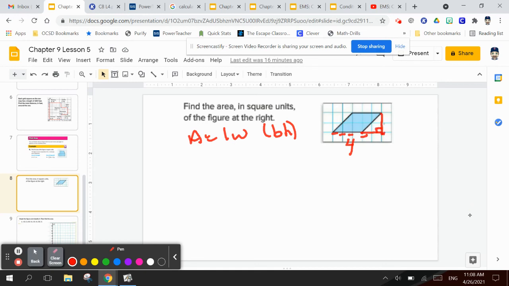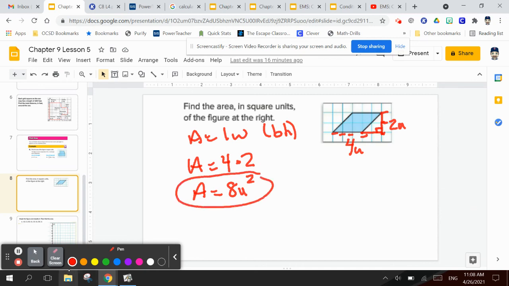So this is 1, 2. So to find the area, I take the area is 4, that's the length, times 2, which is the height. So the area equals 4 times 2 is 8 units squared, because units times units is units squared.